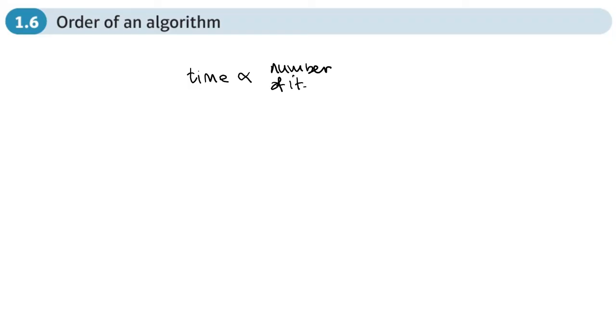Now, that may be a linear relationship like this, or it could be that the time is proportional to the number of items squared, which means, for example, if you were to double the number of items, the time would take 4 times as long to complete the algorithm.